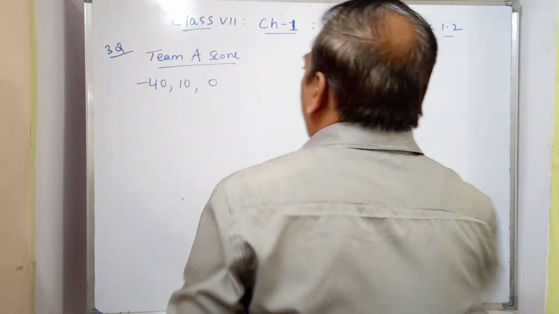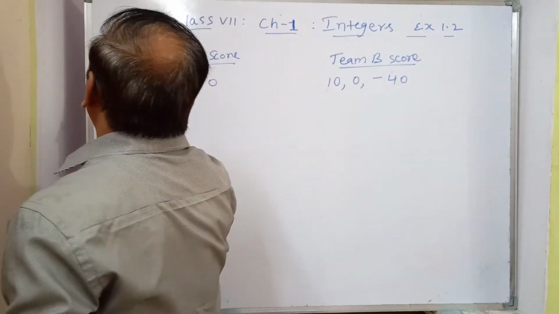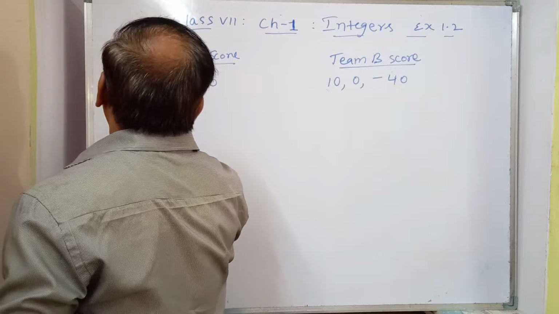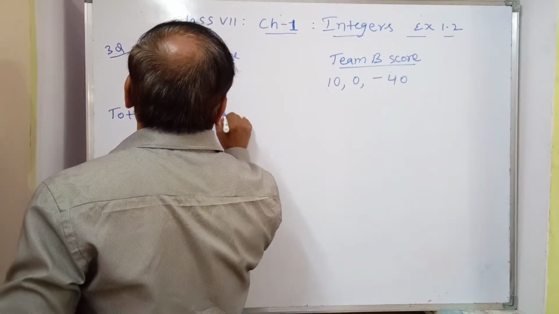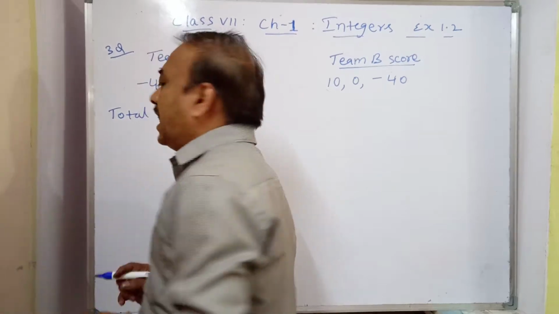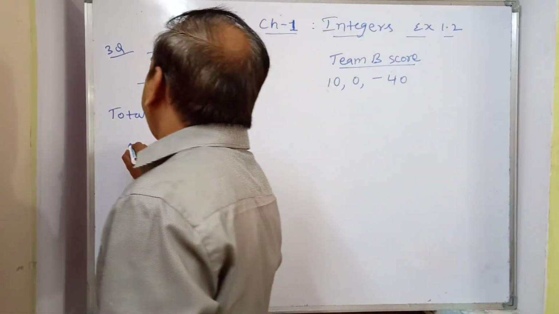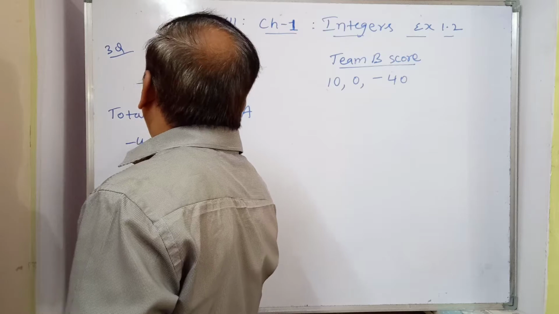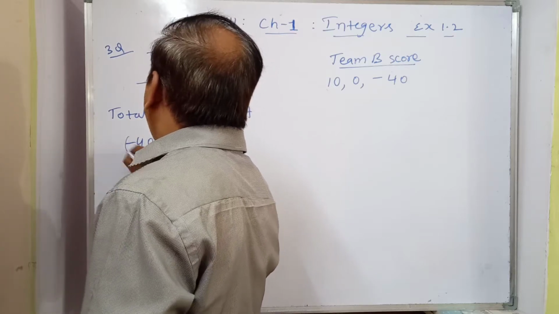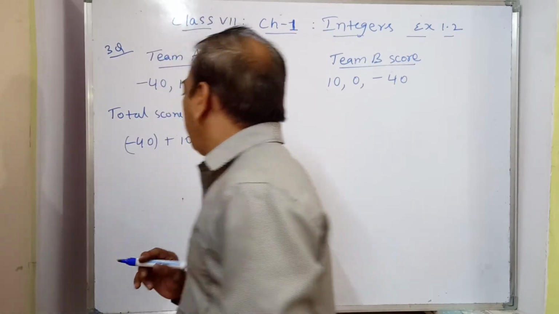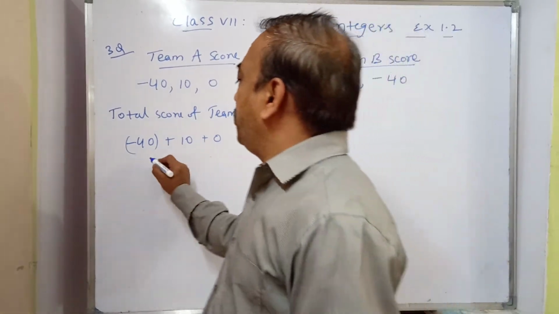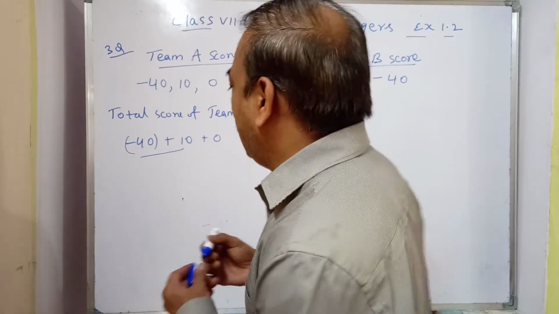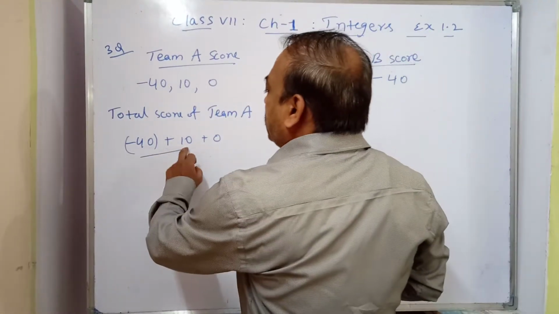So the total score of team A: we are adding minus 40 plus 10 plus 0. When you add these two first, one is a negative integer and one is a positive integer.